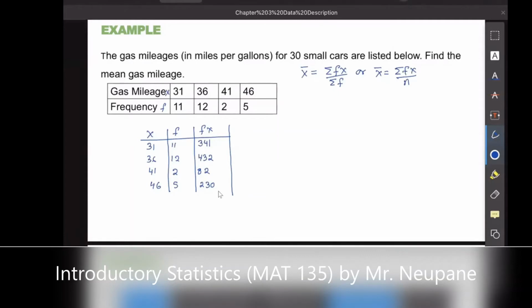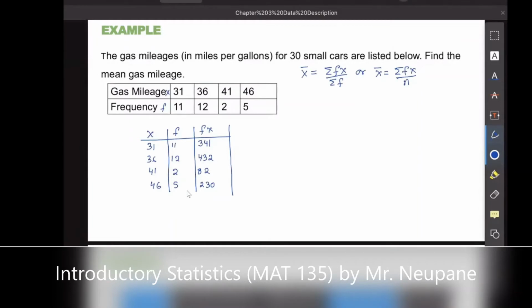Now I am going to show you how we can find these values. We have only a small number of observations, only 4 pieces of information given here. So it was quite easy and quick to multiply 31 times 11, 36 times 12, 41 times 2, 46 times 5.